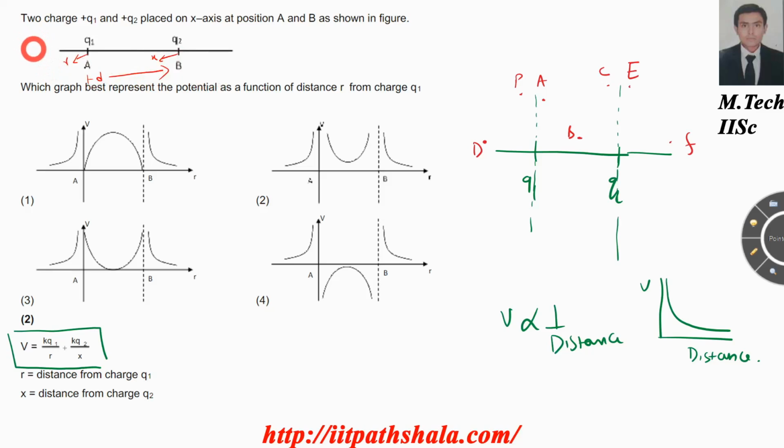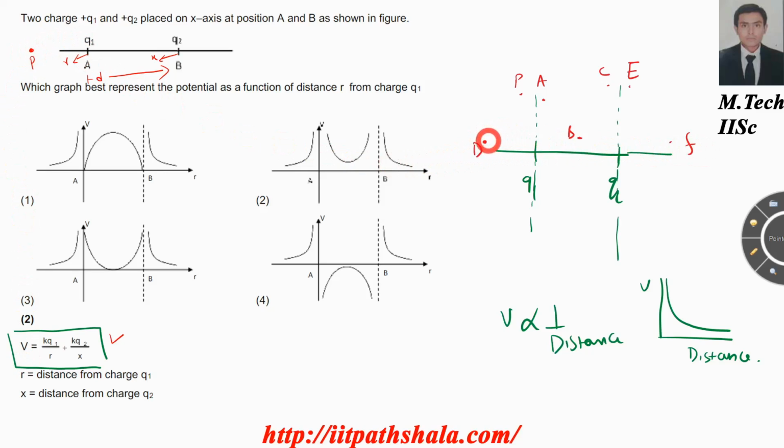For example, you have a certain point P here, so you have the distance r between point P and q1, and x between point P and q2. You can write the following expression of potential, as you know. Now to form the graph, you can move this point along the points I have marked.